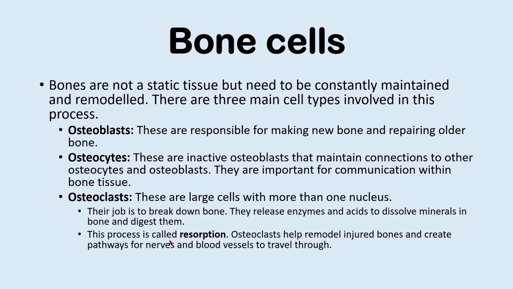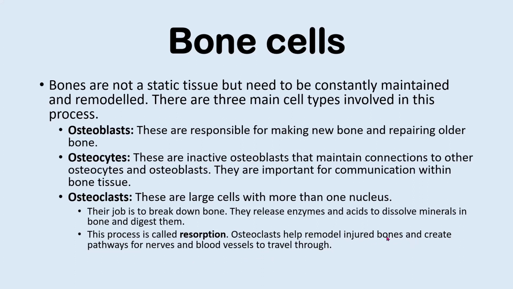And this, I don't know if you've heard this word before, is resorption, where the body, if you like, absorbs, and then we talk about the cells absorbing whatever they absorb back into itself. So that's called resorption. And the osteoclasts help remodel injured bones.